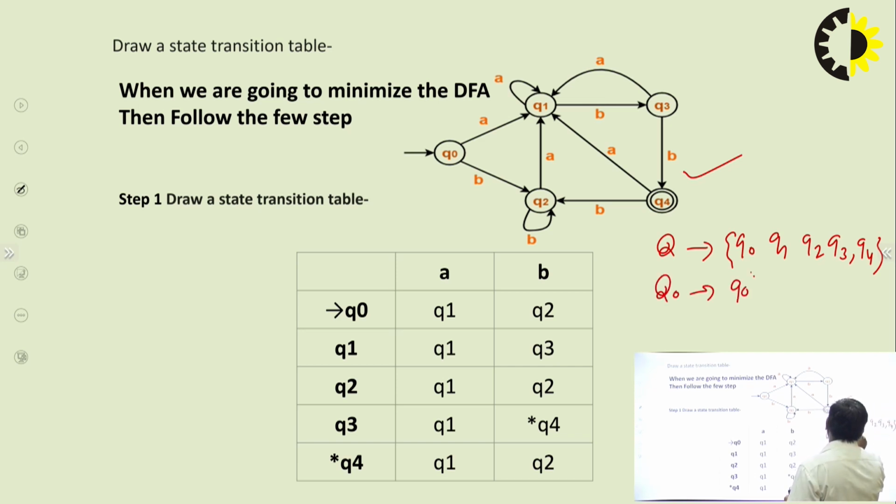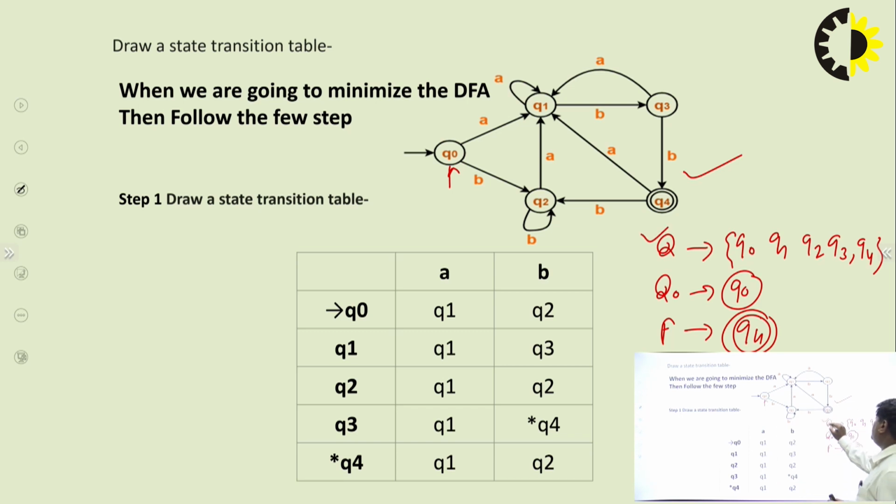That is Q1. This state is known as the capital Q naught. What is the final state for this problem? Q4 is your final state.